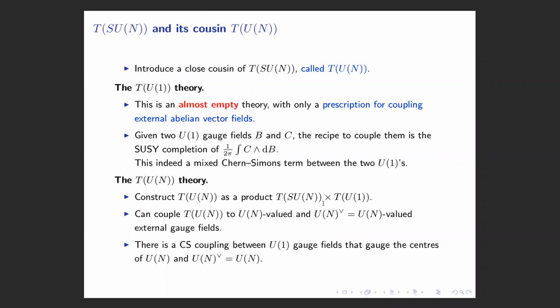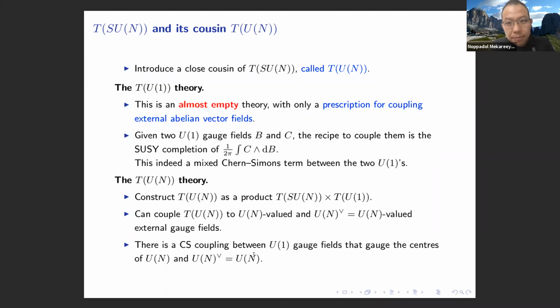Okay. However, suppose that you turn on background symmetry for the flavor symmetry, say the Higgs and Coulomb symmetry, there is a mixed Chern-Simons term. But this mixed Chern-Simons acts on a flavor symmetry, not a gauge symmetry. Once you gauge this thing, you can detect it, but if you don't gauge it, you don't detect it.